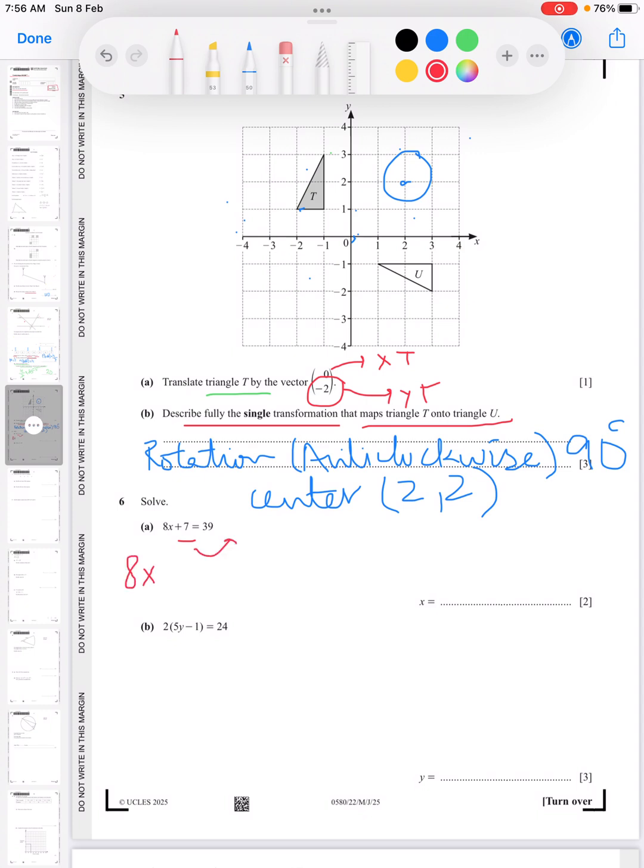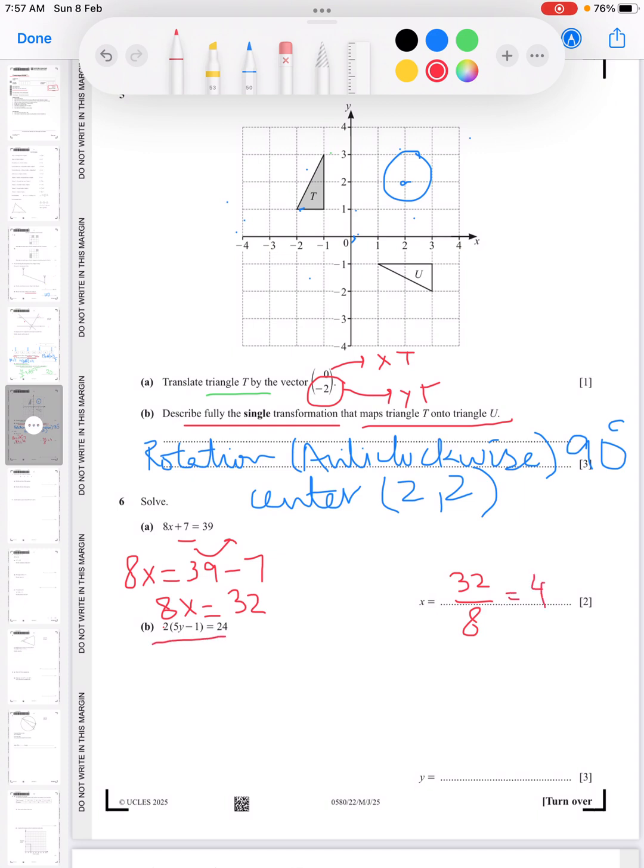So 8x equals 39 minus 7, or you can say subtract 7 from both sides. So 8x equals 32. Here 8 is multiplying x, so when it moves to the other side it will divide. So we get 32 divided by 8, which gives the answer 4.